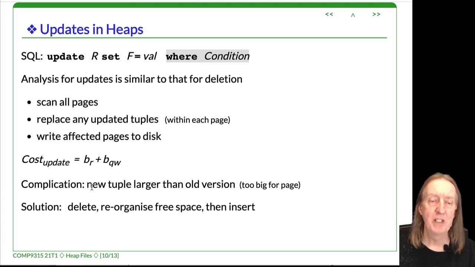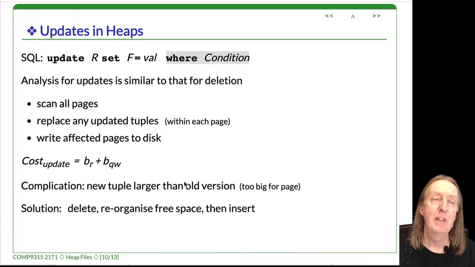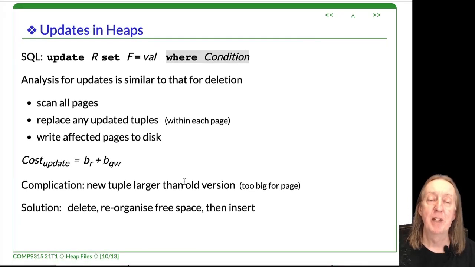There is one potential complication: when we do an update to a tuple, the new version of the tuple may no longer fit in the page. So there are a couple of ways we can handle that. If there was a certain amount of free space within the page, but it was fragmented, we could reorganize the free space and then maybe insert the tuple.